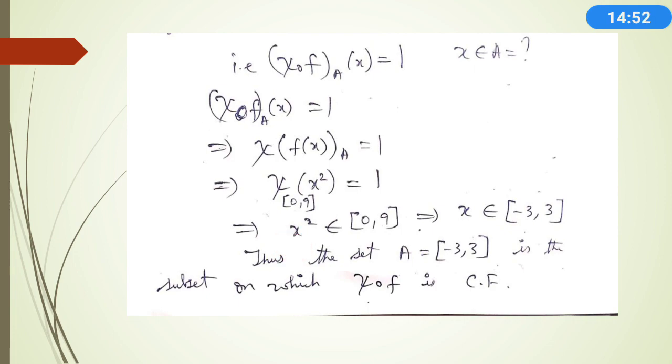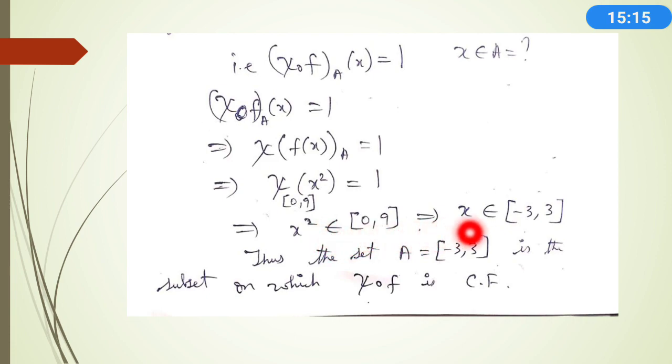Similarly, if we substitute 4, we will get minus 2 and plus 2 as values of x. And if I substitute 9, I'll get minus 3 and plus 3 as the value of x. And I cannot exceed 9 since my x square is defined only between 0 and 9. So I cannot exceed 9 as well as I cannot go less than 0.